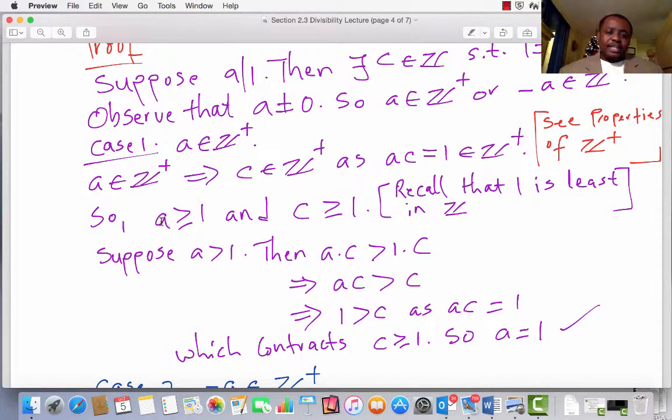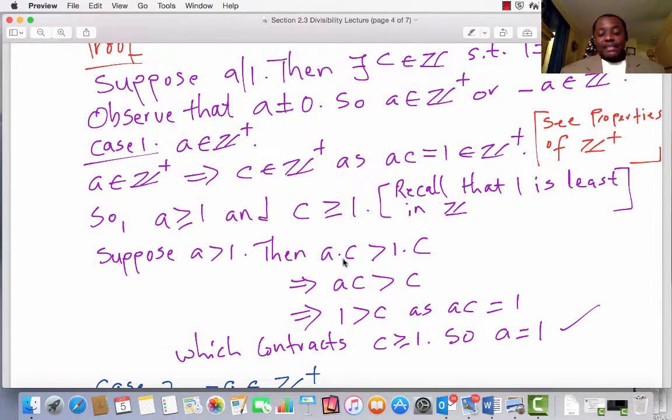One is a greater than 1 or a equal to 1. What if a is strictly greater than 1? If a is strictly greater than 1, then by properties of positive integers again, since c is a positive integer, I can multiply both sides by c and maintain my inequality sign. That only works with positive integers.